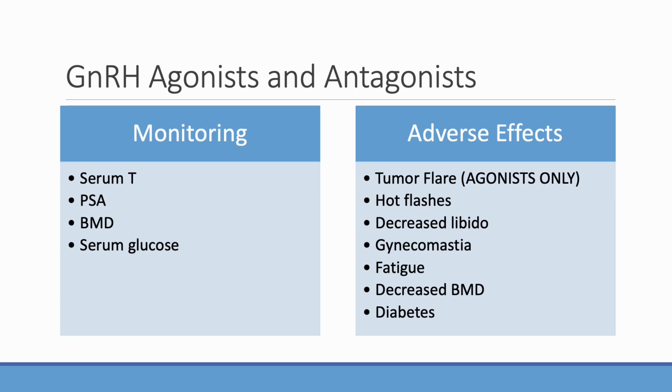We can also see some hot flashes, decreased libido, gynecomastia, fatigue, decreased bone mineral density, and diabetes associated with these agents. And that's just due to the lack of testosterone that is present with these agents.